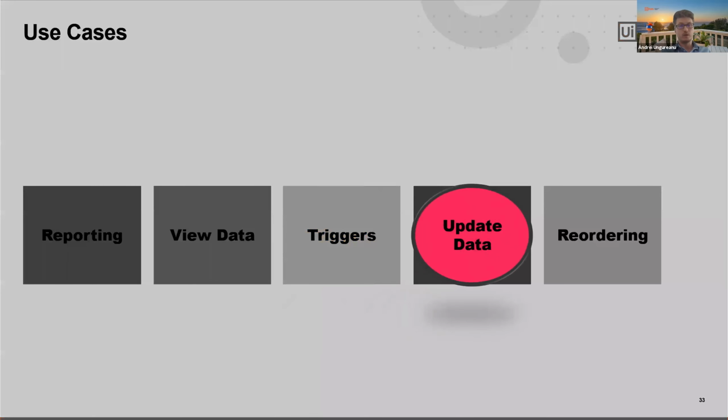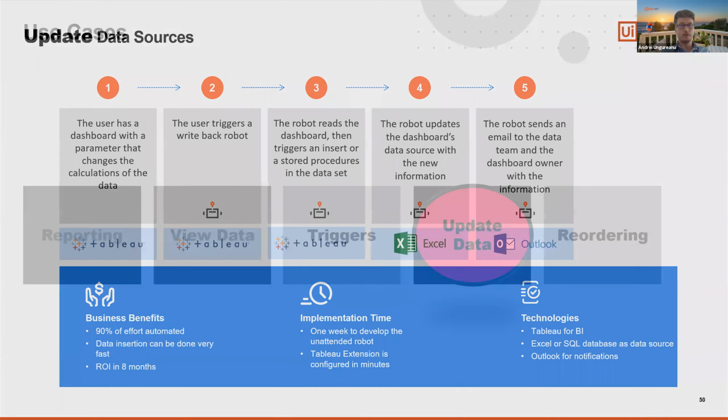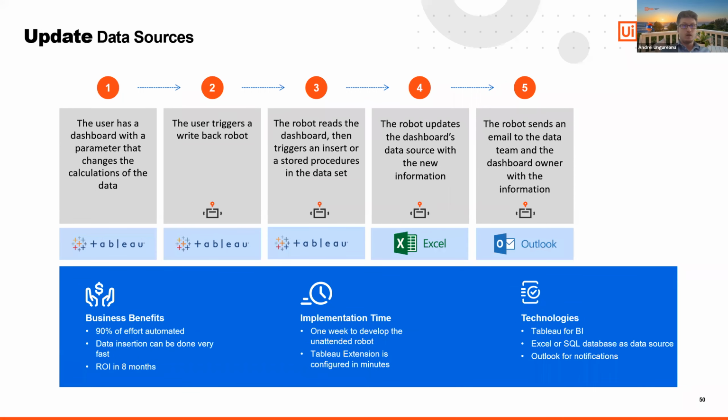Moving on to the next area, which is updating data sources. It can be achieved by using the integration of the UiPath extension and Tableau. And how does this translate from a business perspective? Imagine that you have business users connected to the Tableau dashboard, and they have access to a tab that contains parameters.